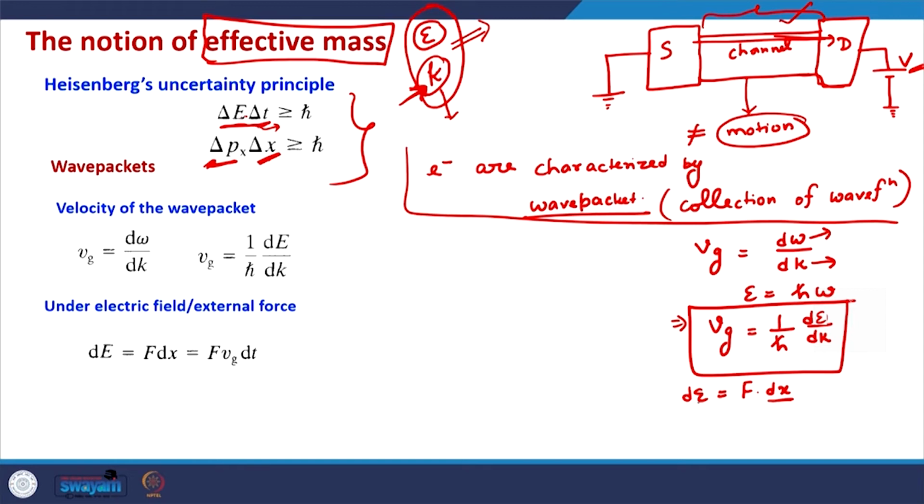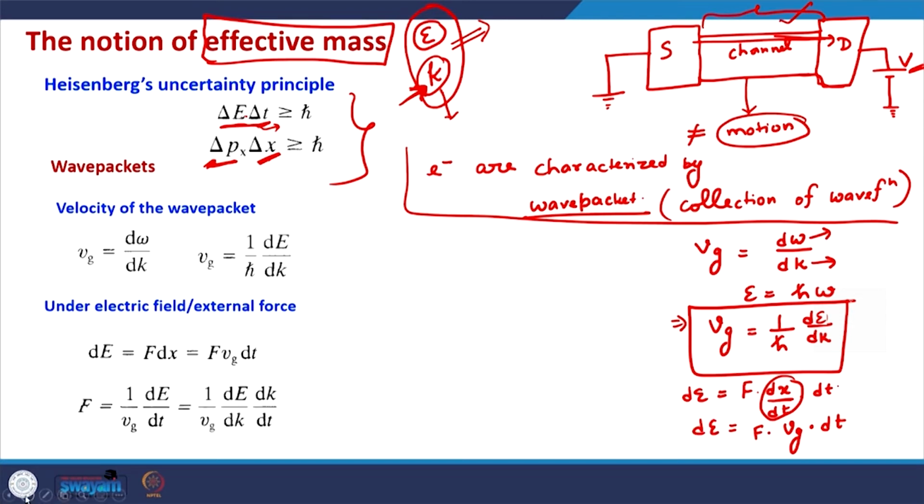So, dE equals F times dx, and dx can be written as dx by dt into dt. dx by dt will be the velocity of the electron wave packet, the group velocity Vg, so dE equals F times Vg times dt.